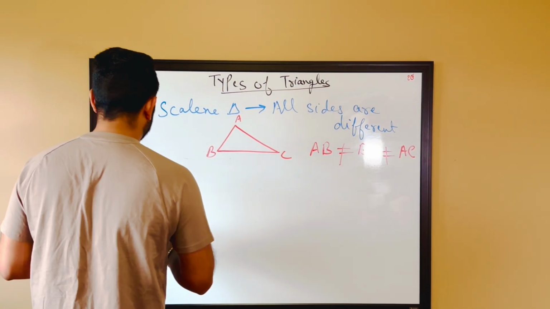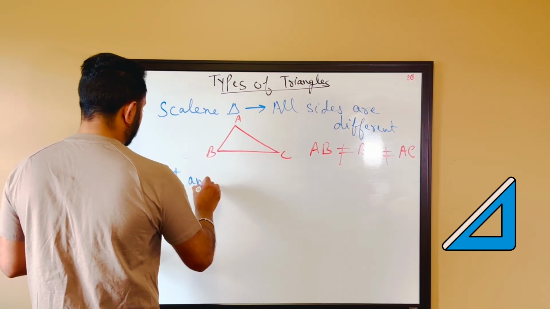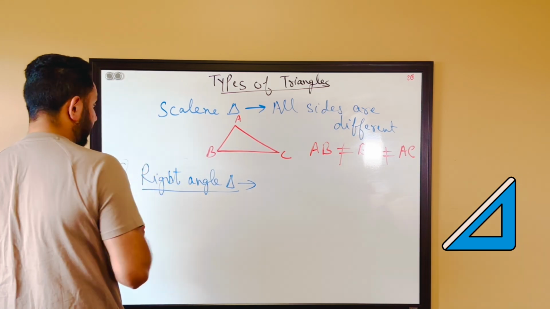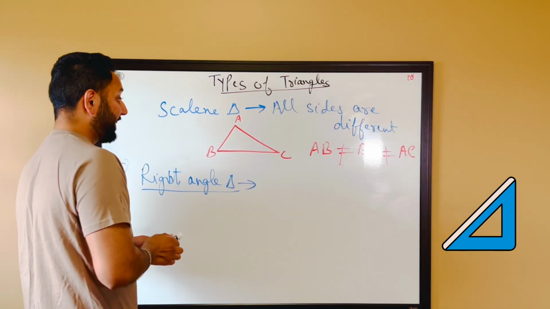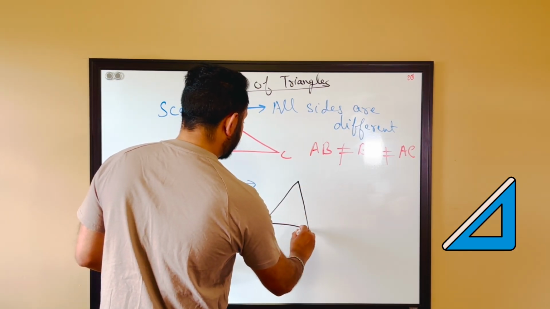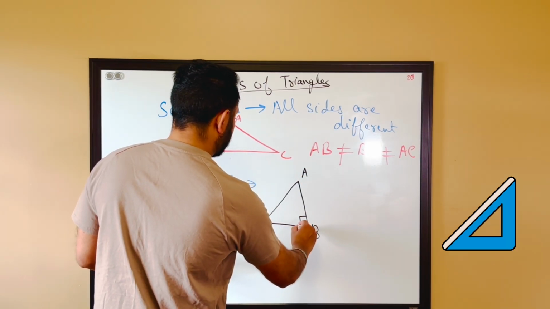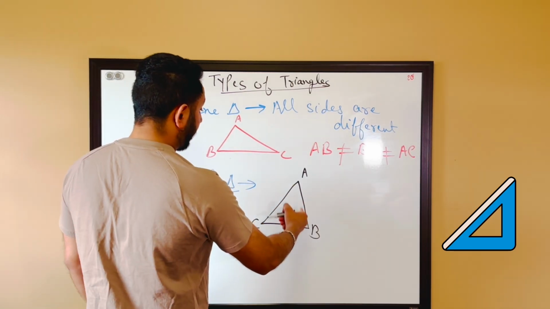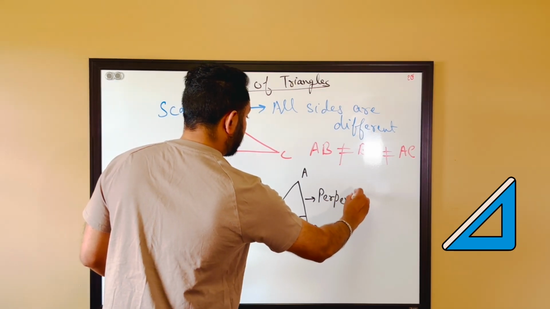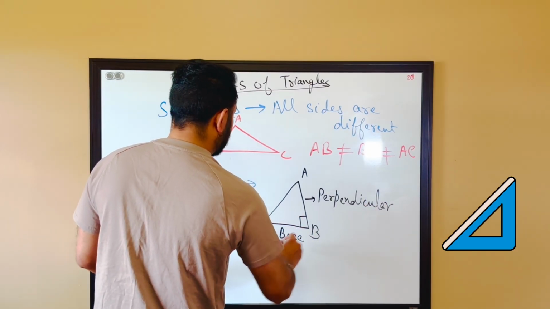So our fourth type is the right angle triangle. In a right angle triangle, one of the interior angles is 90 degrees. Let's suppose this is a right angle triangle, and the side that makes a right angle with the base is the perpendicular, and this is the base.